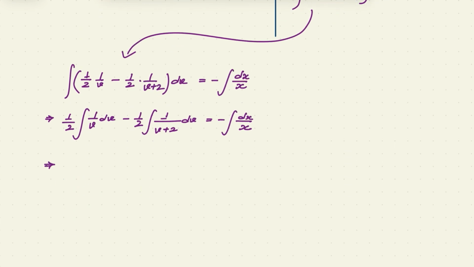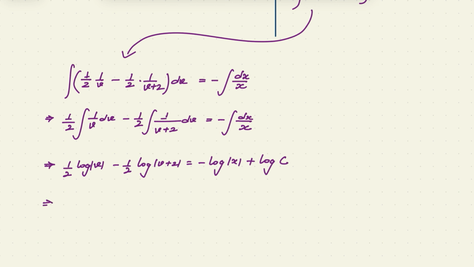So the integral of 1 by v dv is log of v minus 1 by 2. Integration of 1 by v plus 2, if you do by substitution, or you see that the denominator is linear, so we can directly write this as log of v plus 2 equals minus log of x. Here let us write the constant of integration as log of c, since there are logs on each and every term.